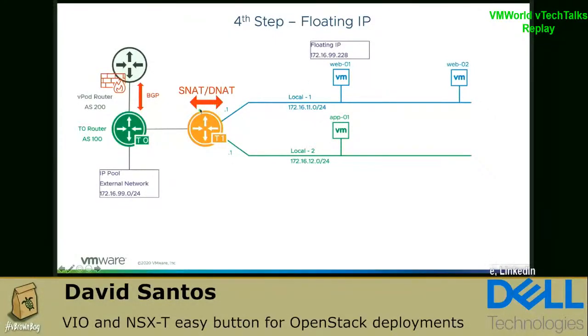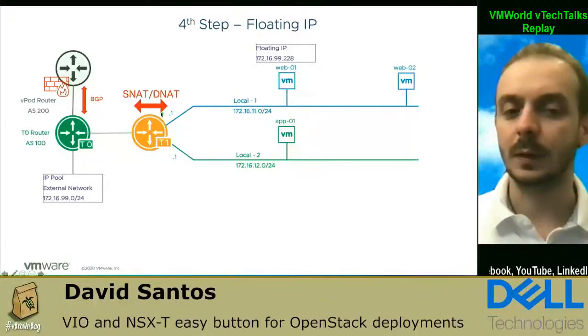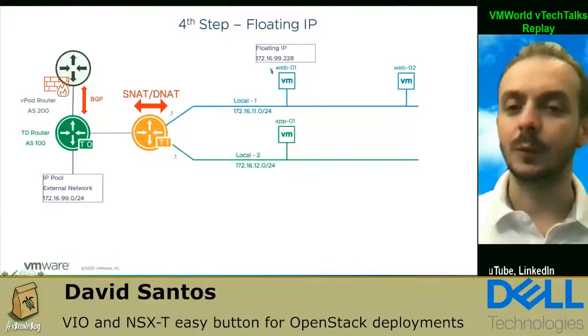When you create that, it will create a source NAT rule so all those VMs communicate with an external network using a source NAT IP, and also for the ingress traffic, the traffic that comes from the external, like the physical network, we need to provide a floating IP to those workloads.